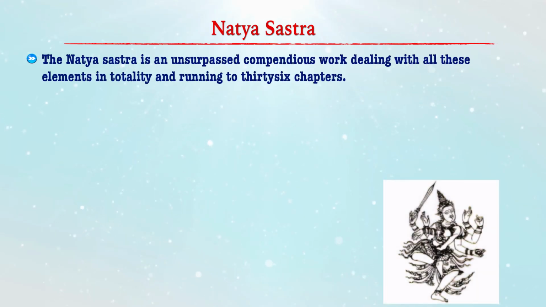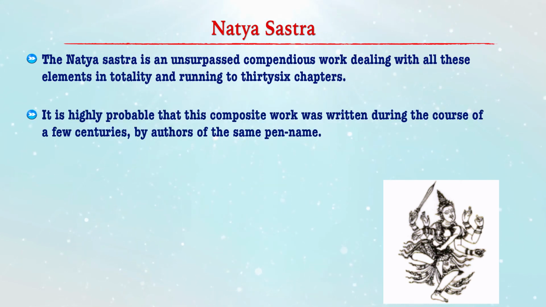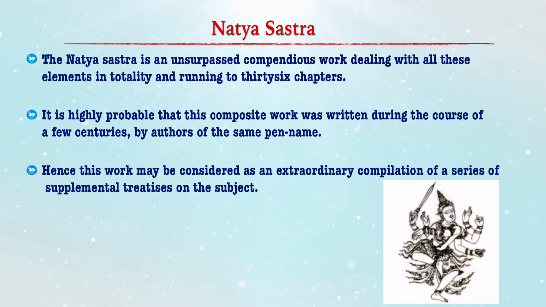The Natya Shastra is the work dealing with all the elements in totality, and it runs to 36 chapters. It is highly probable that this composite work was written during the course of a few centuries by authors of the same pen name. Hence, this work may be considered an extraordinary compilation of a series of supplemental treatises on the subject.